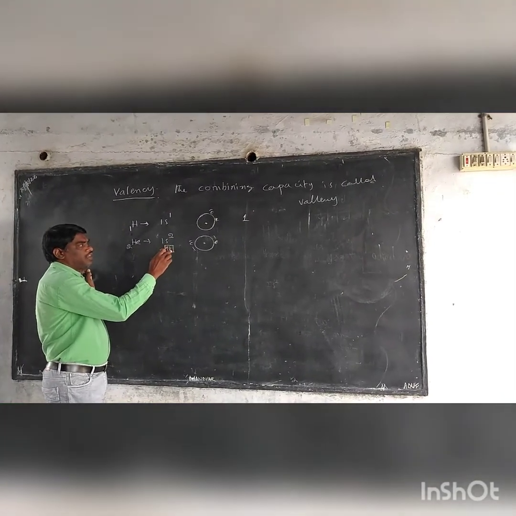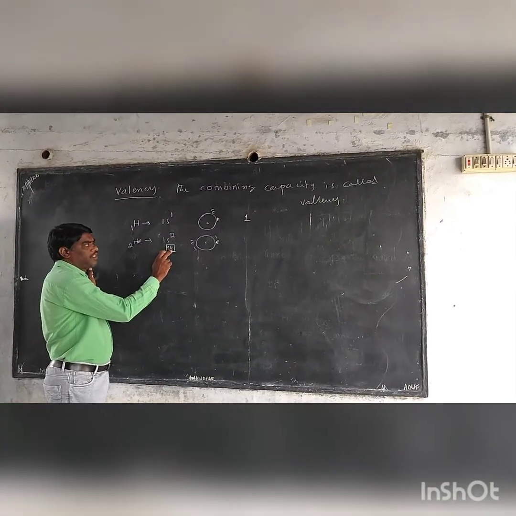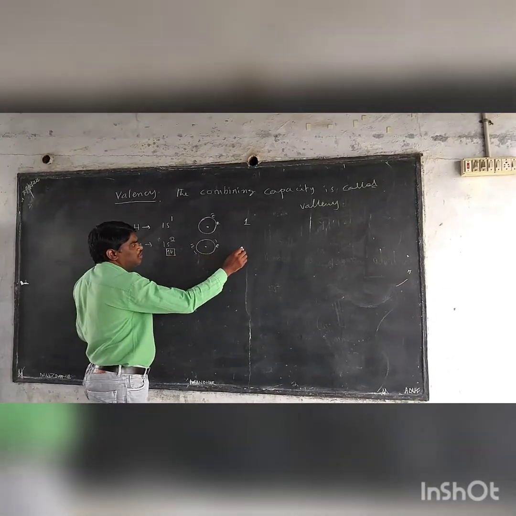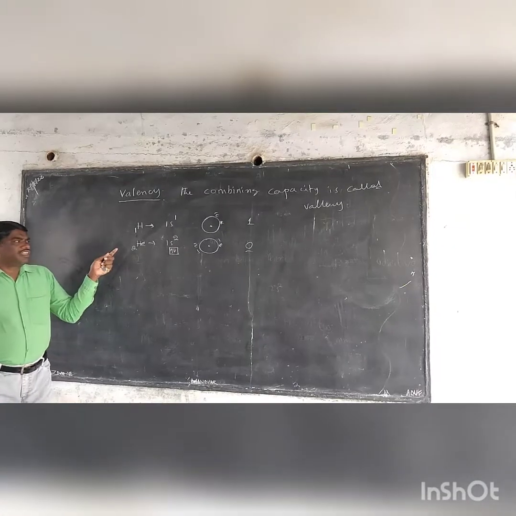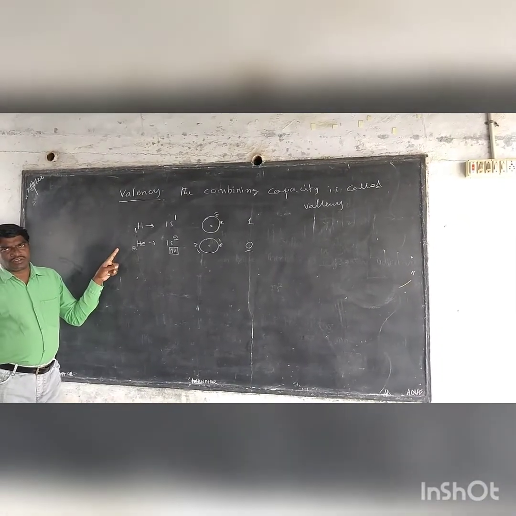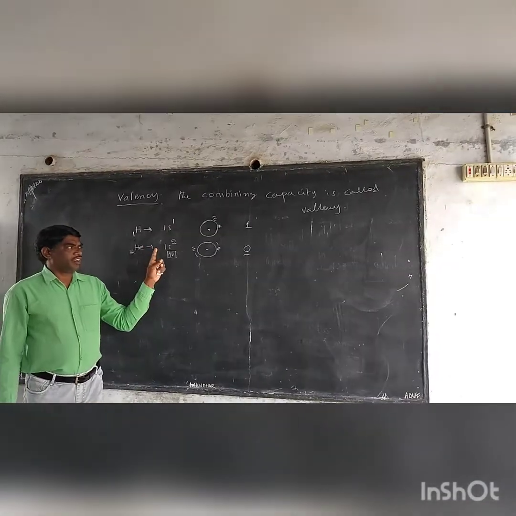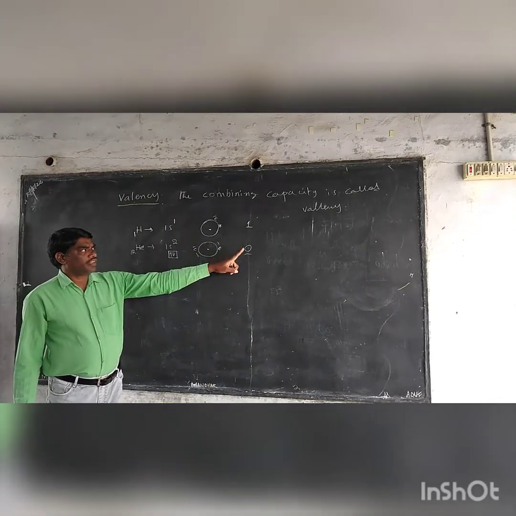So it is completely filled and will be stable. So that's why the valency of helium is 0. Helium is also called an inert gas or stable gas, so the valency of inert gases, stable gases, is also 0.